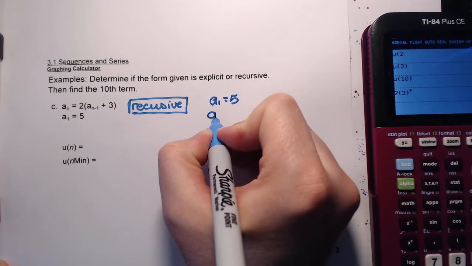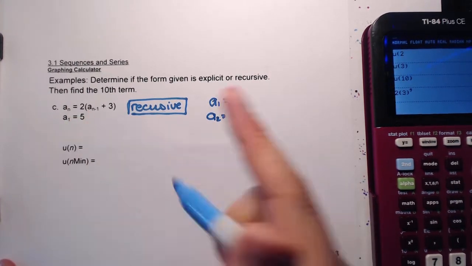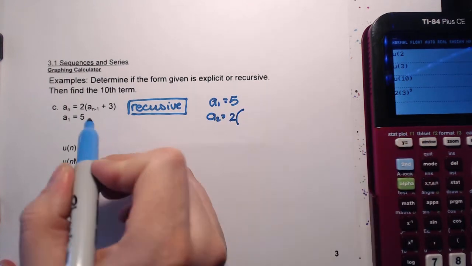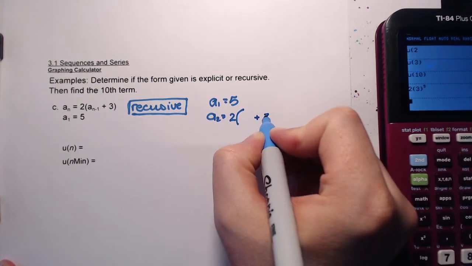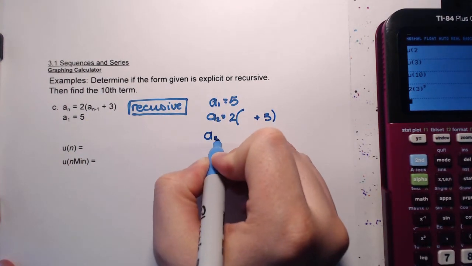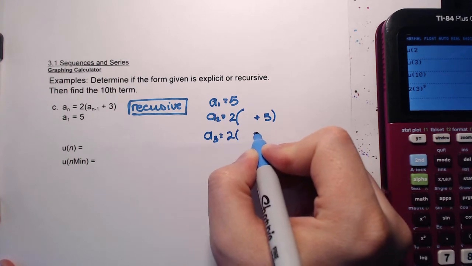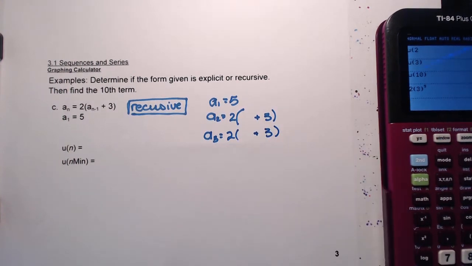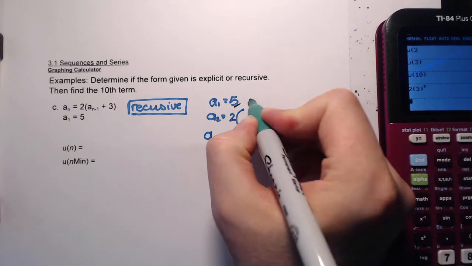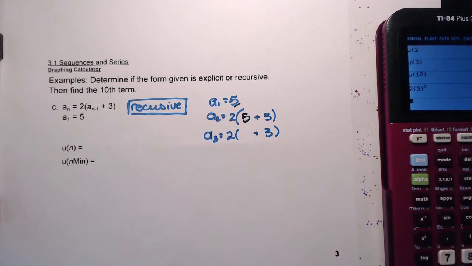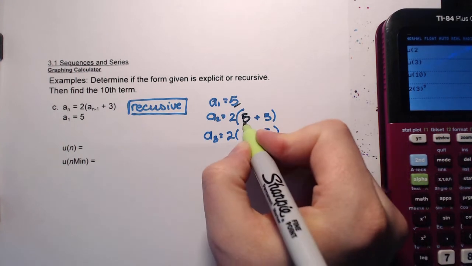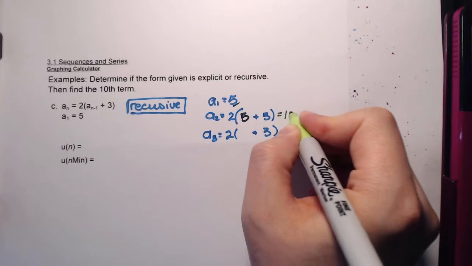My second term says 2 times my previous term plus 3. And we're going to continue that. So my previous term was 5, and that gives us my new term, which is 8 times 2 is 16.